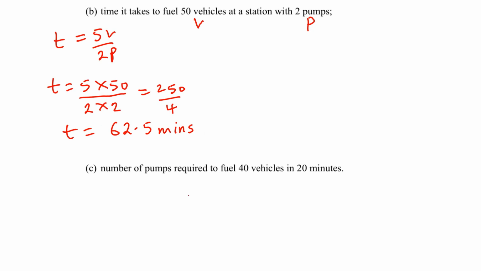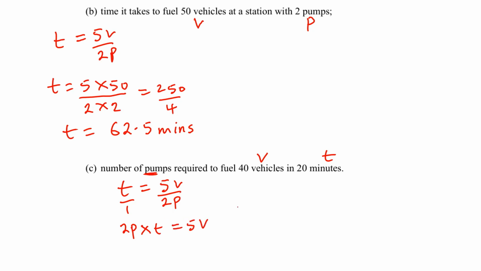And the C part says, find the number of pumps required to fuel 40 vehicles in 20 minutes. So in this case, V is 40. So T is 20. So back to our relationship between T, V, and P, which is T equals to 5V over 2P. Now, since we are looking for the number of pumps here, we can make P the subject of formula. We cross multiply: 2P times T equals to 5V.